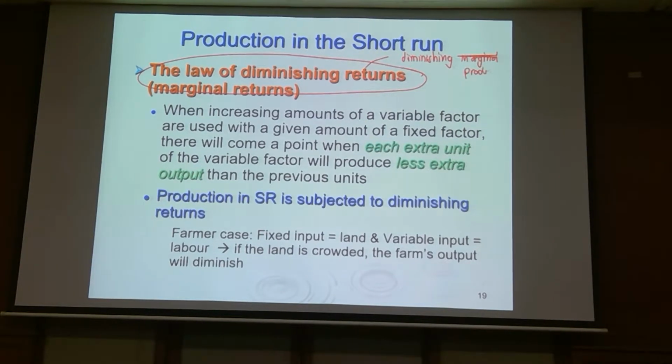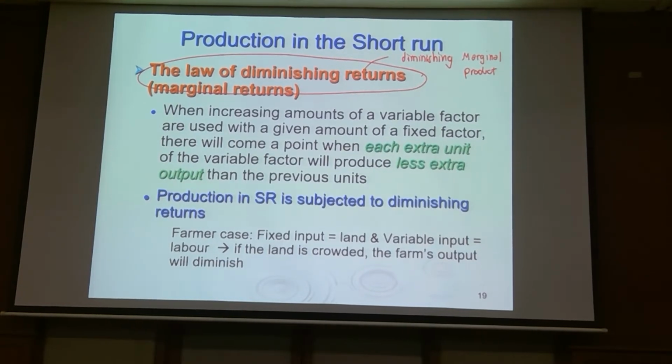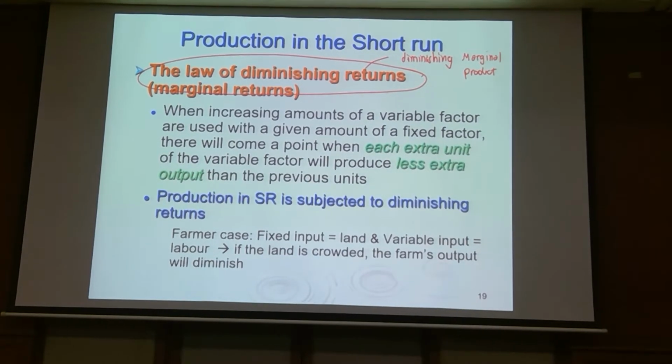That is normal in the production stage. Let me write out the word marginal more neatly. Diminishing return, diminishing marginal return, or diminishing marginal product imply the same thing. That eventually causes your cost of production to rise.